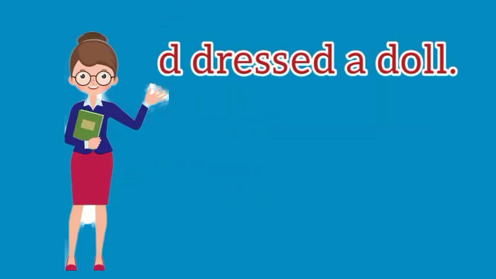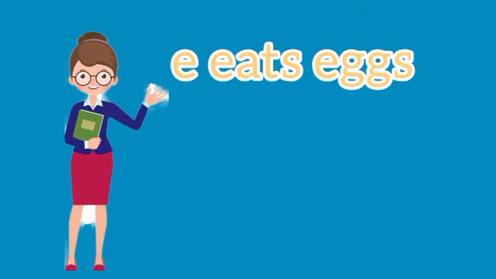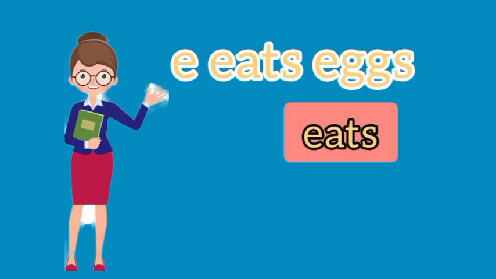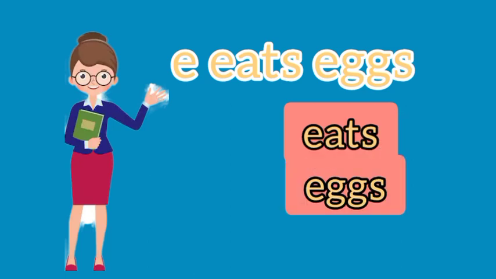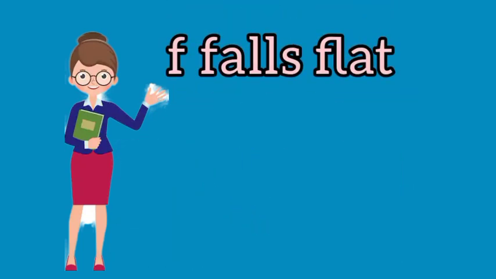D dressed a doll. The words dressed and doll begin with the letter D. E eats eggs. The words eats and eggs begin with which letter? Yes, they begin with the letter E. F falls flat.